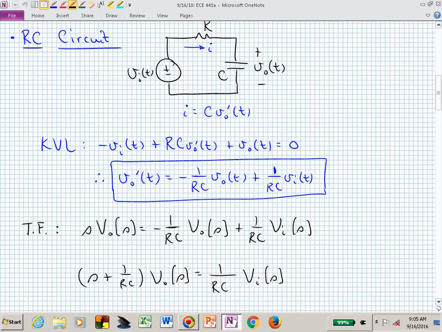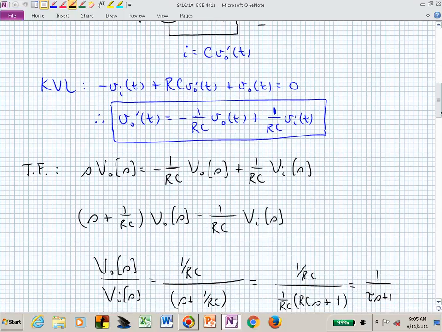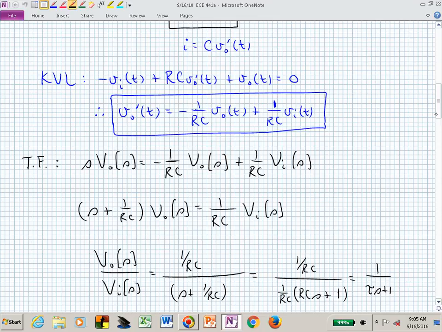The V naught simply becomes capital V naught of S, and the V sub I becomes capital V sub I. We can collect terms containing the V naught and move things around so that we have our transfer function, which is the ratio of our output Laplace transform over the input Laplace transform. That becomes 1 over RC over S plus 1 over RC.